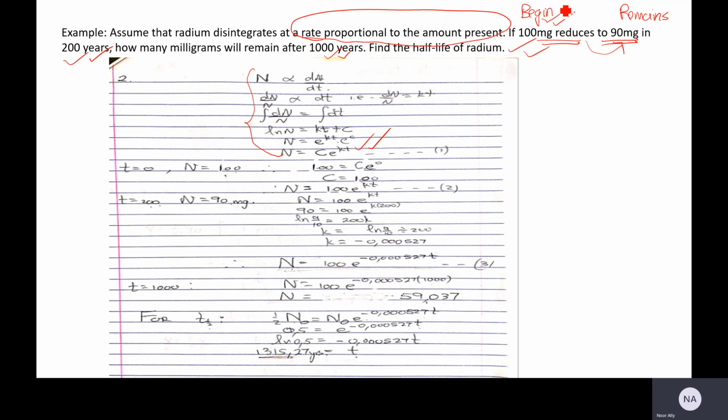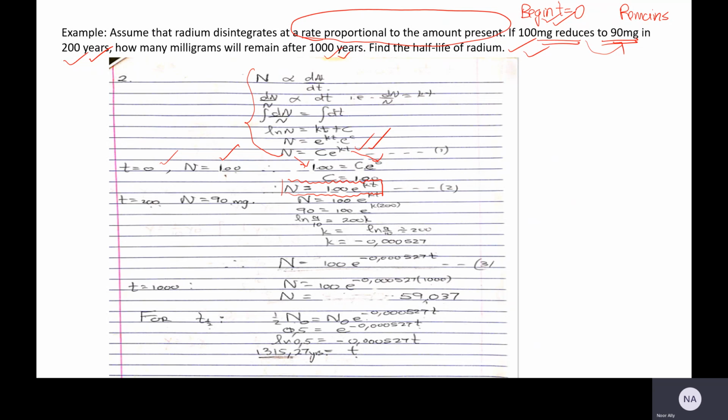So at the beginning, we're going to make t equal to 0. How much do I have at the original? 100. Substitute 100. e to the power 0 gives me c equal to 100. Therefore, for this particular example, I can use this equation: N is equal to 100 e to the power kt.